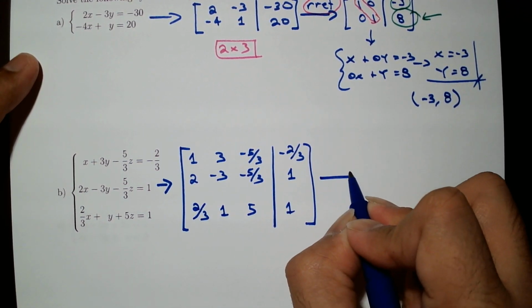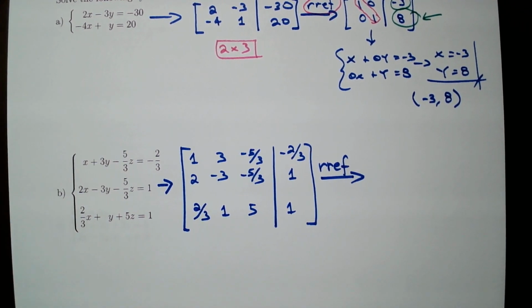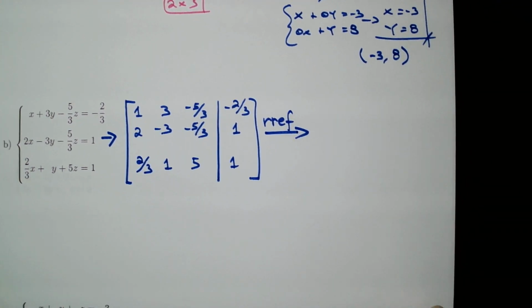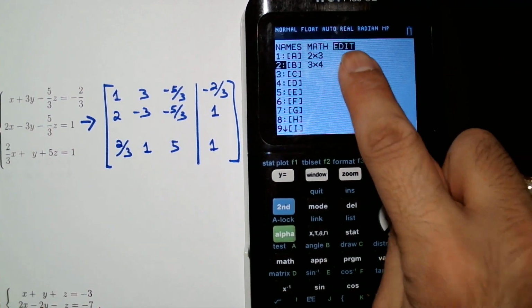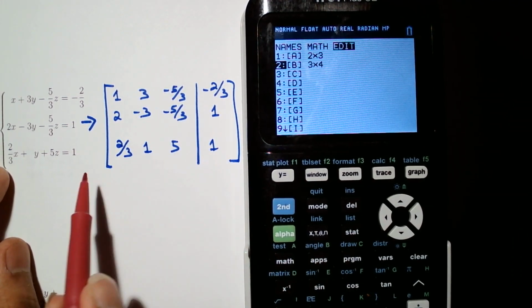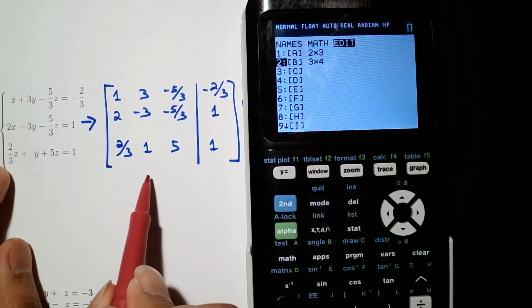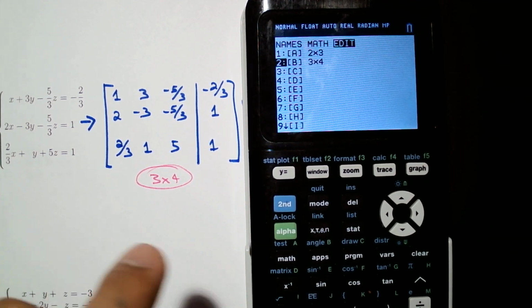All right, so what are we going to do here? RREF on that matrix. So first of all, let's edit our matrix using our graphing calculator. In this case, it's 3 rows by 1, 2, 3, 4 columns. It's a 3 by 4 this time.